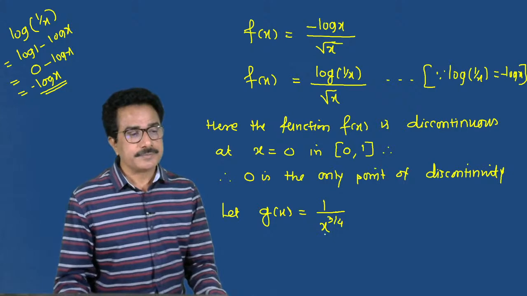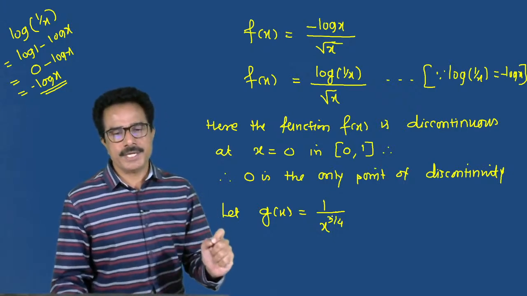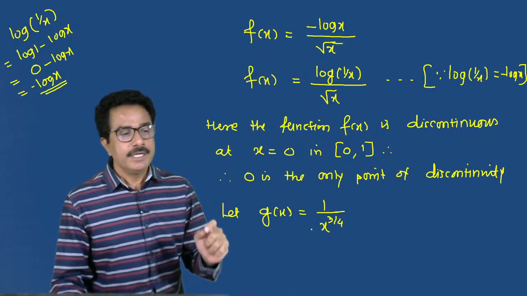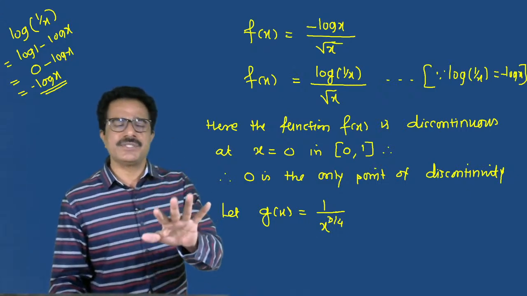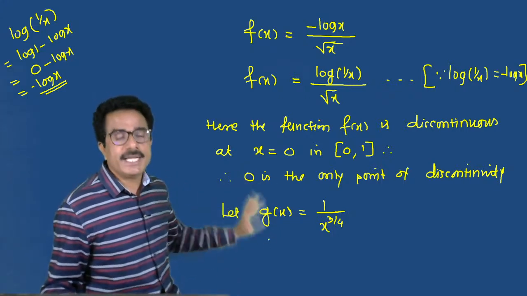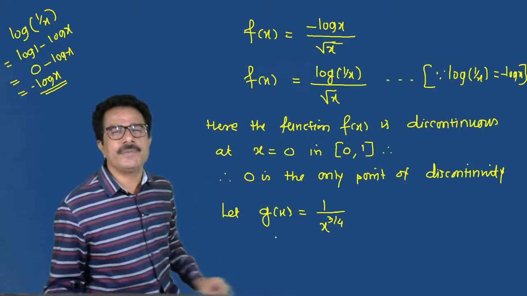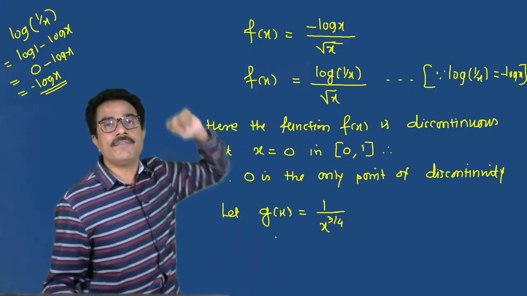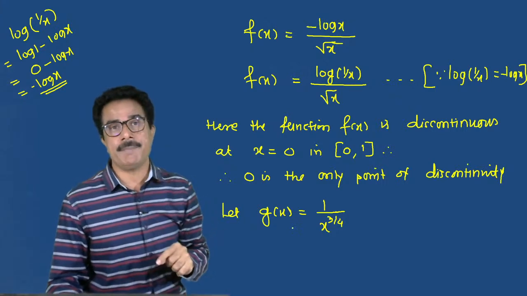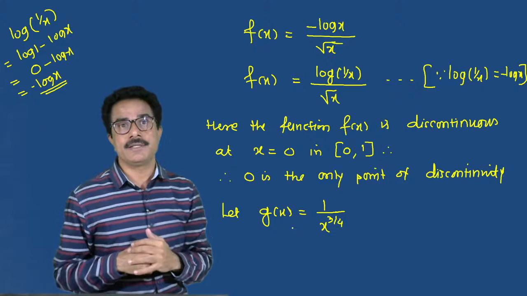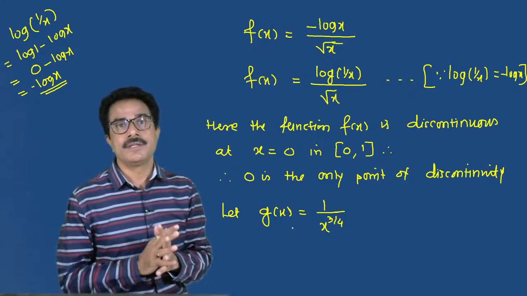See this. This function is g of x. This function is discontinuous at x is equals to 0. Means we have considered another function g of x which satisfies the same condition as f of x, because we have seen a theorem: comparison test second, in the limit form.